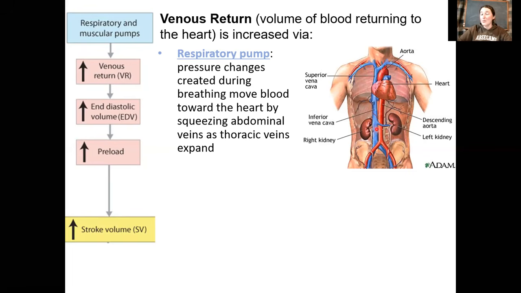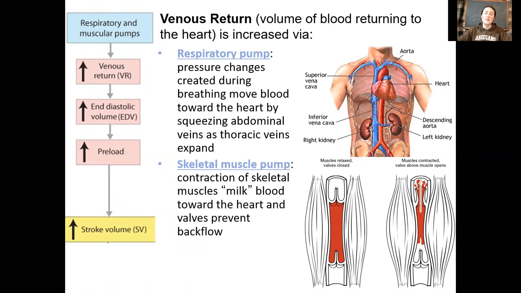And so this higher pressure fluid is going to flow down its pressure gradient and finally back up to the heart. And so this wild change in pressure with every single breath that you take actually facilitates the flow of a lot of blood up from your extremities and back to your heart.